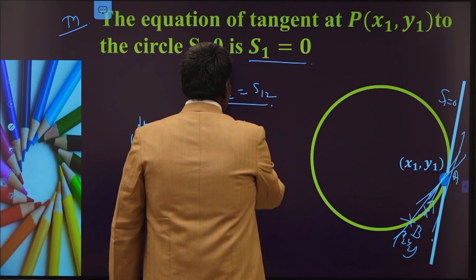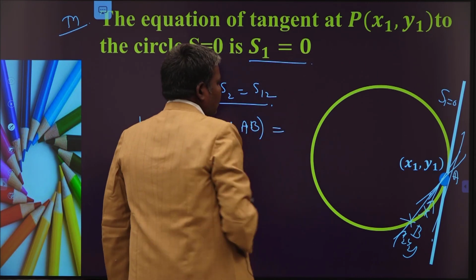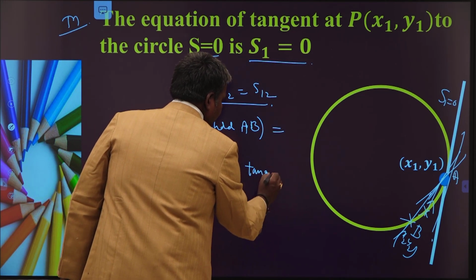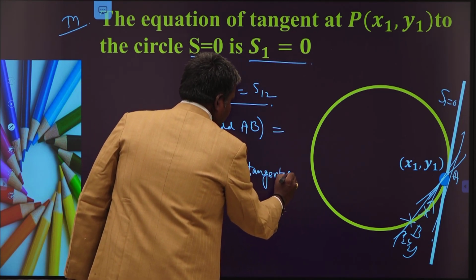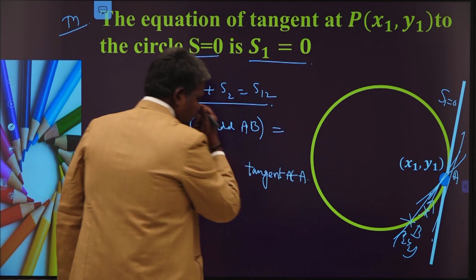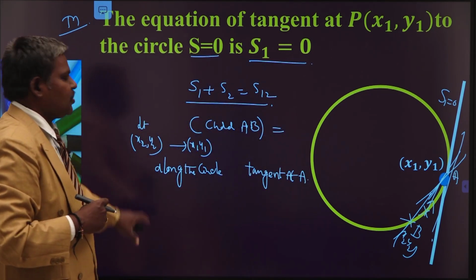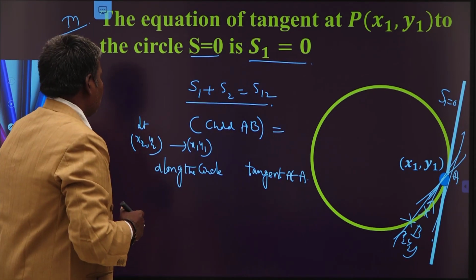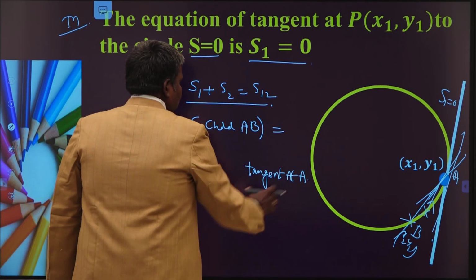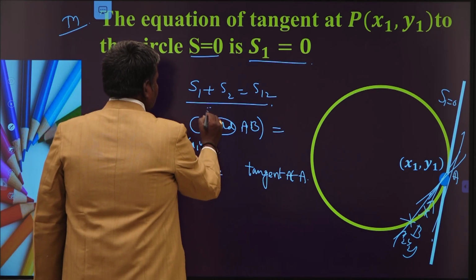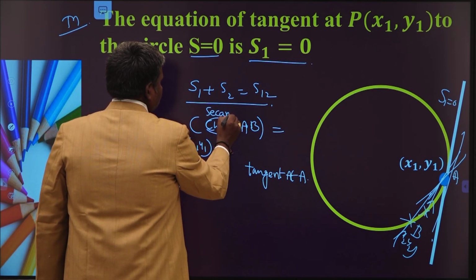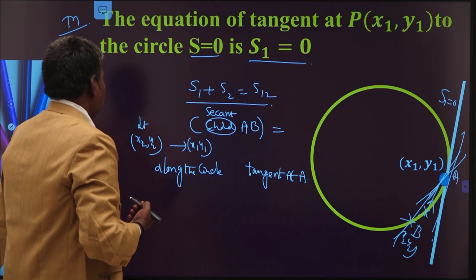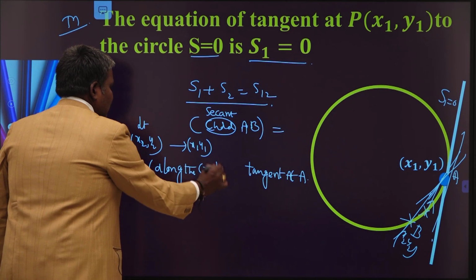Then chord AB becomes the tangent at A. Okay, this is the definition of how to approach the tangent from the secant line. So chord AB becomes the tangent at A, either chord or secant. The secant AB becomes tangent at A to the circle. This is done along the circle.